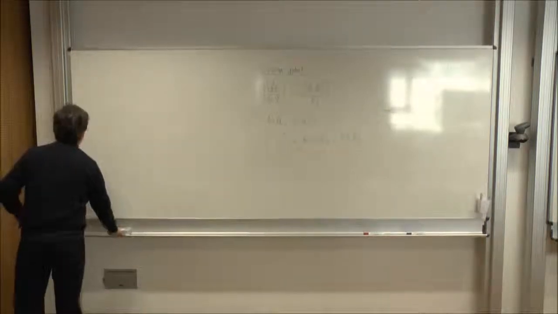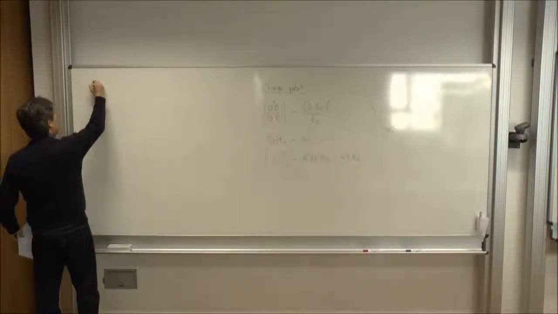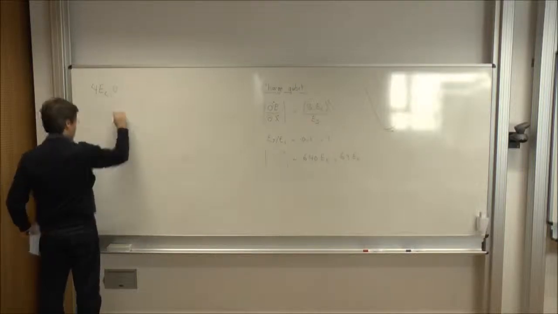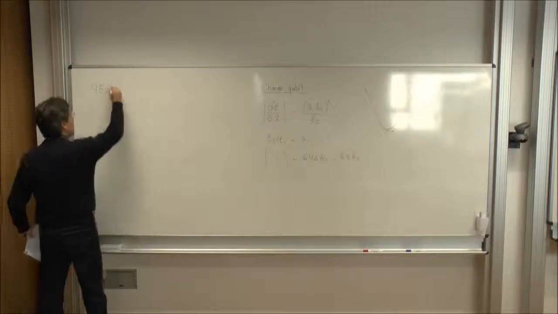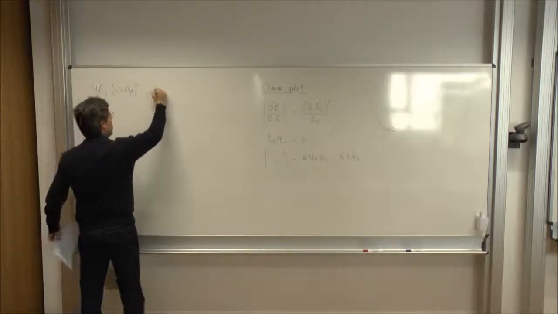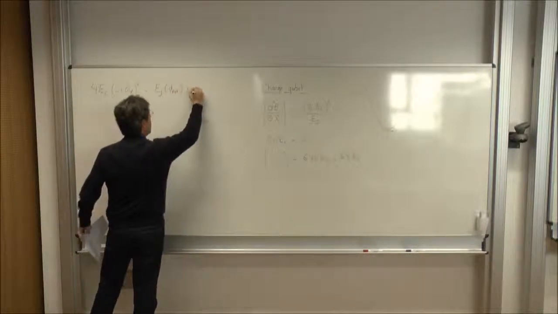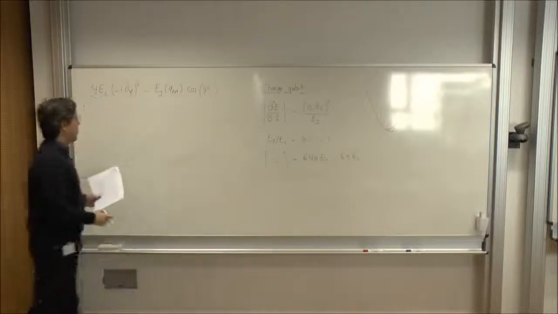Remember that your Hamiltonian looks like 4EC, minus EJ over phi external, cosine of the phase.